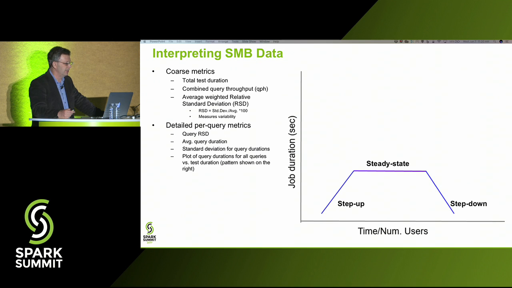So basically, this is a little bit about what we expect, and what we measure. As I said, we want to measure two parameters. One is the coarse metrics like total test duration, right? So all users run all jobs, how long did it take in this cluster.